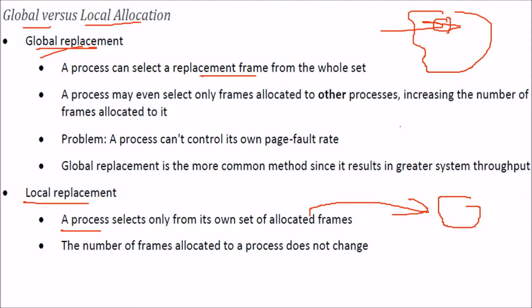This will increase the number of frames allocated to it. But the problem here is the process can't control its own page fault rate. Global replacement is quite a common method, since the throughput is quite high. And in local replacement, the number of frames allocated to a process does not change, because it is local and already assigned.